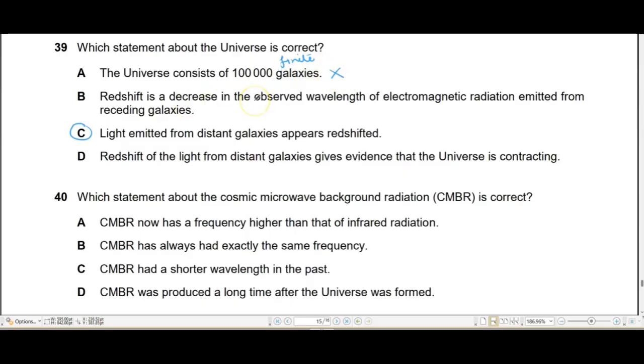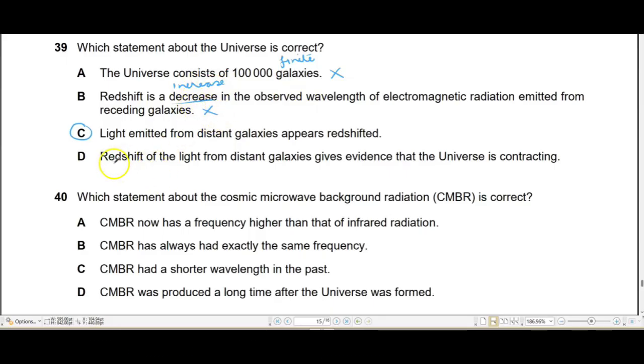Achha, why is B not correct? They say that redshift is a decrease in the observed wavelength of electromagnetic radiation emitted from the receding galaxies. Basically, redshift is not the decrease, it is the increase in the wavelength. So this is not correct because of this fact.